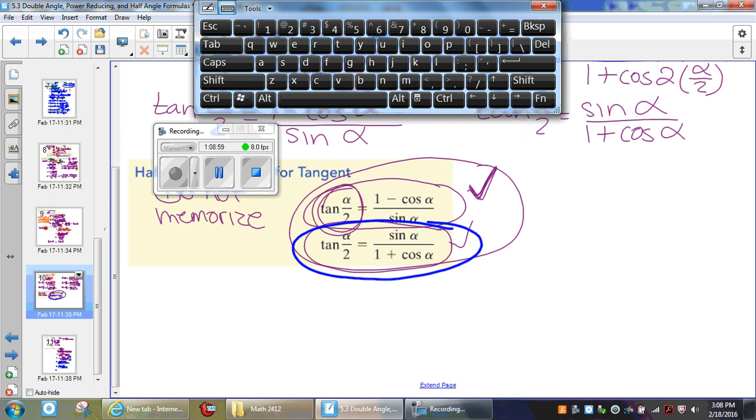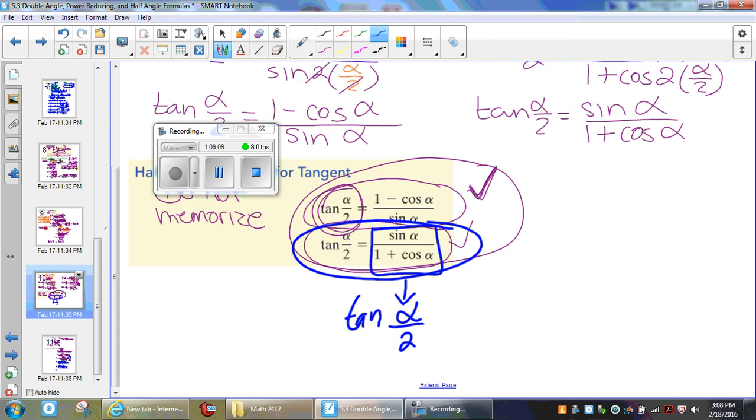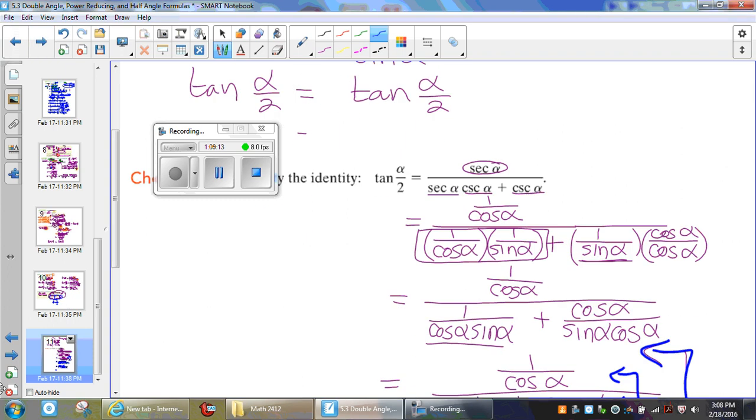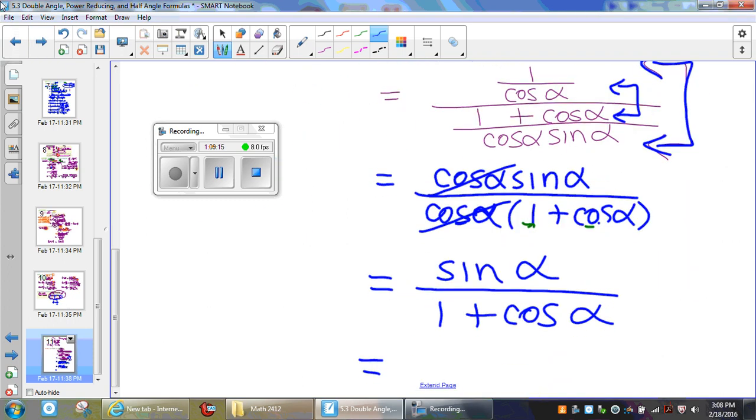So far we have this on the right side, so I'm going to go ahead and say that that is equivalent to the tangent of alpha over 2. So that's what we were trying to prove. And this is the end of the video.